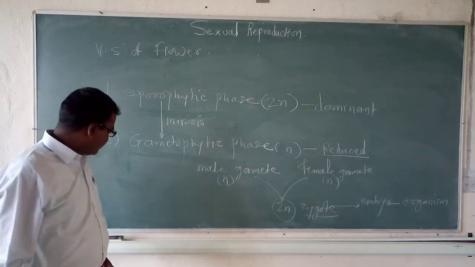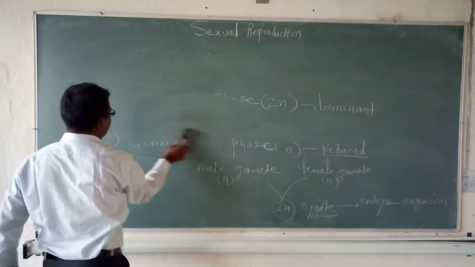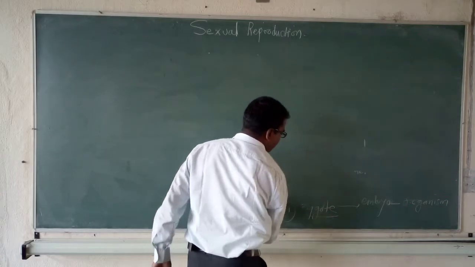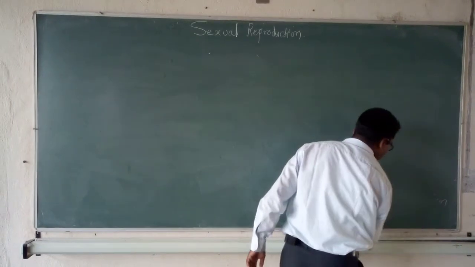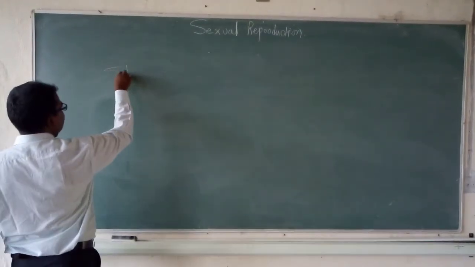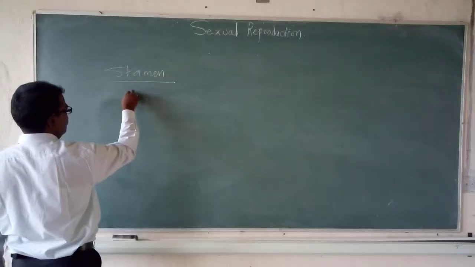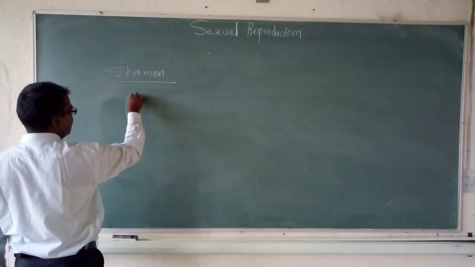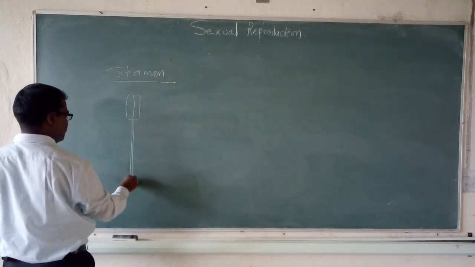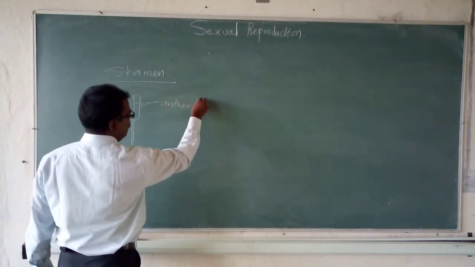Then there is development of the anther. You know the structure of the stamen now. What is the structure of the stamen? The stamen consists of two anther lobes, the first anther lobe and the other anther lobe, and a long filament.